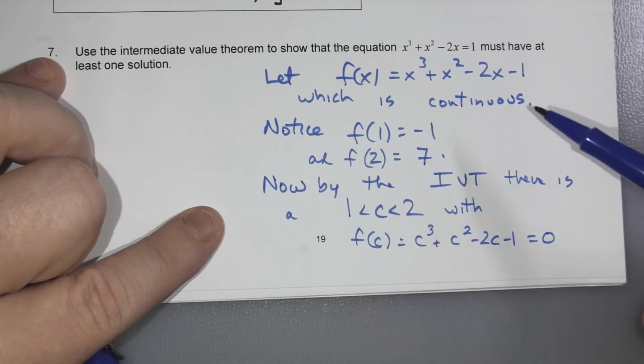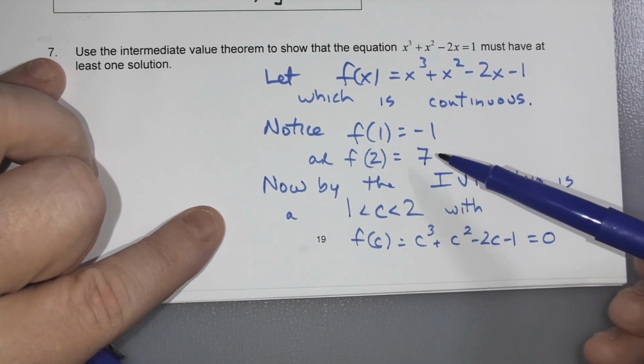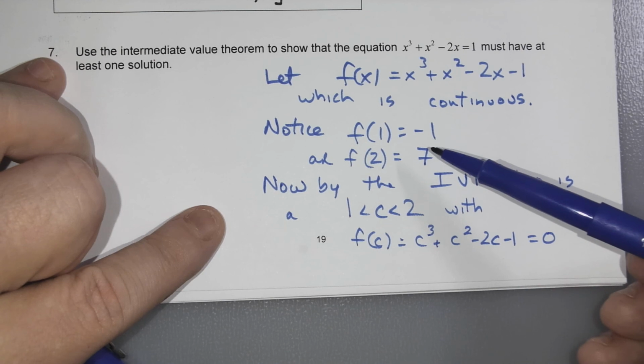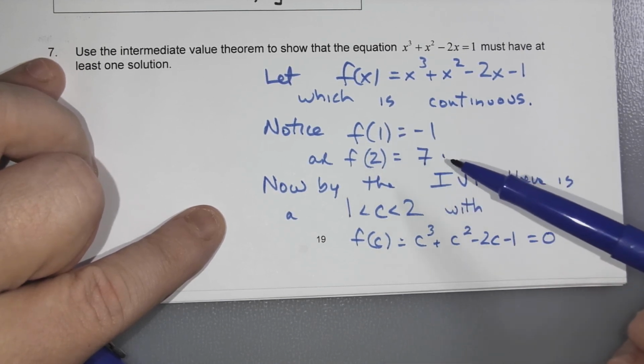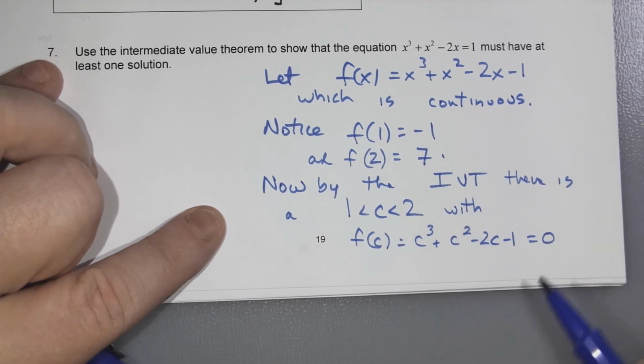In fact, there's a place where it has to equal negative 1/2, there's a place where it has to equal 5, there's a place where it has to equal 2, but there's definitely going to be a place somewhere between 1 and 2 where we get an output of 0.